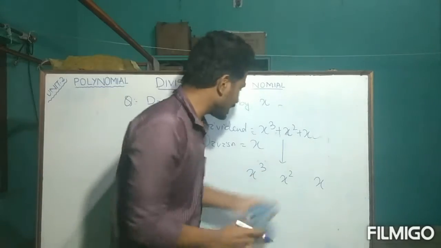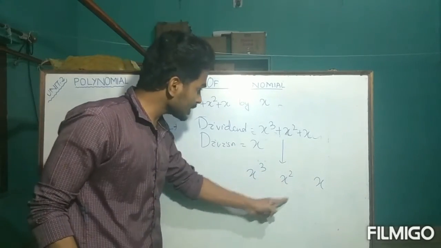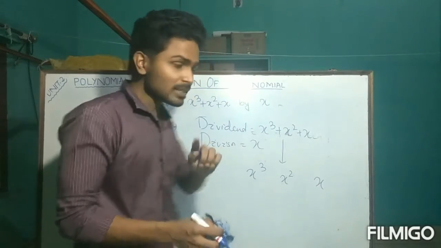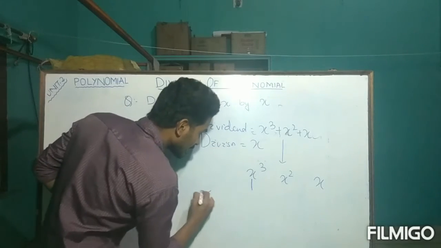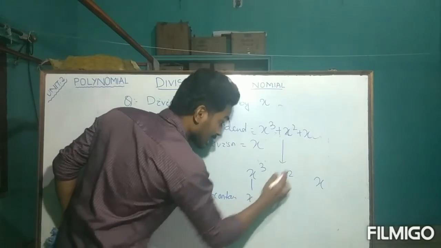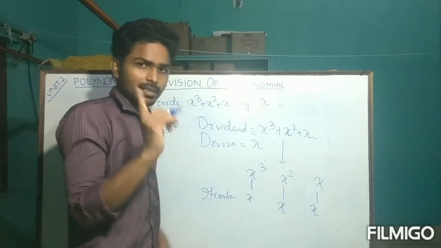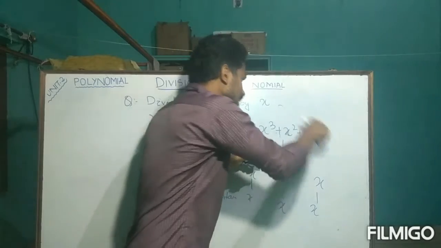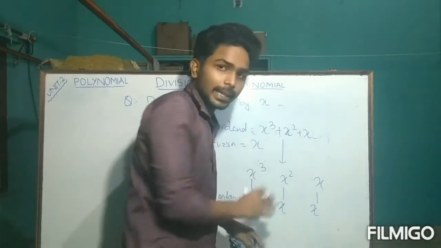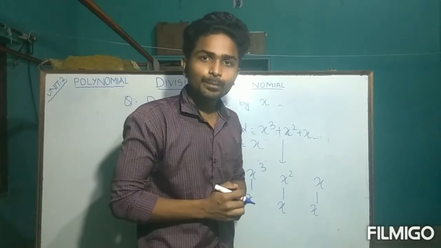In all these 3 terms the variable is x. That means each contains x, it also contains x, it also contains x.